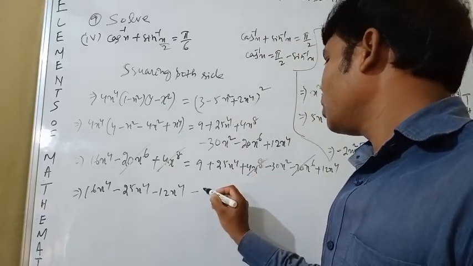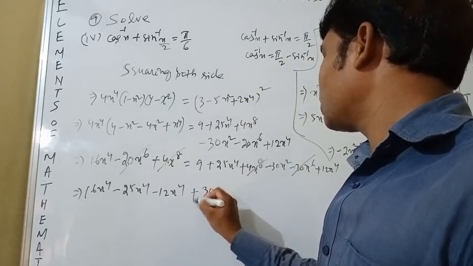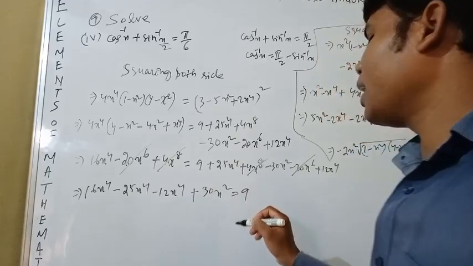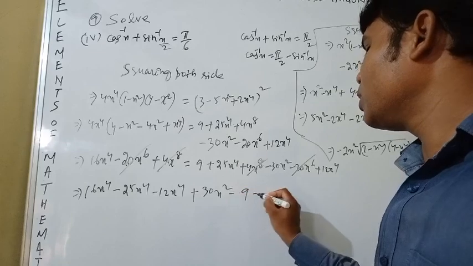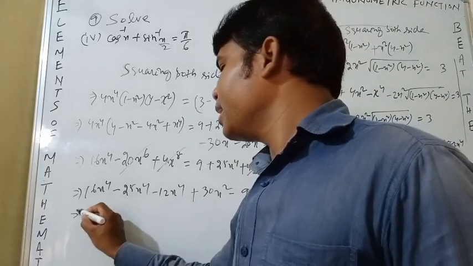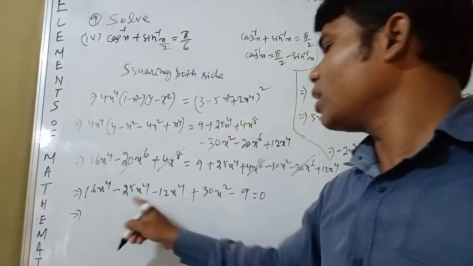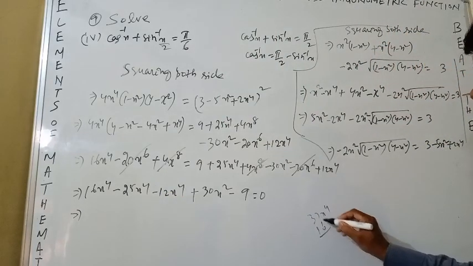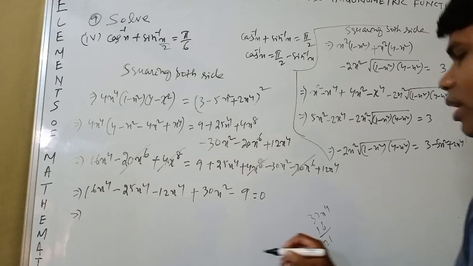Okay, minus 30 plus 30 x square is equal to 9. Okay, minus 9 is equal to 0. Directly write down, is equal to 16 minus 25 minus 12, how much, 37 x^4 minus 16, 21.